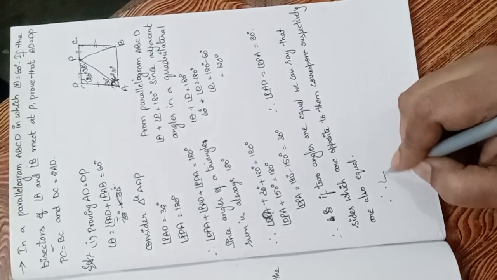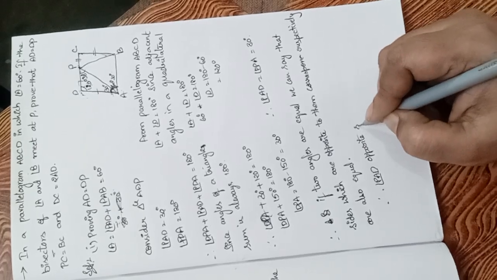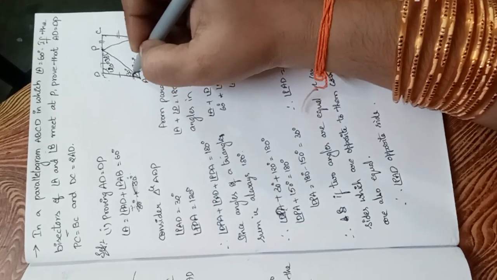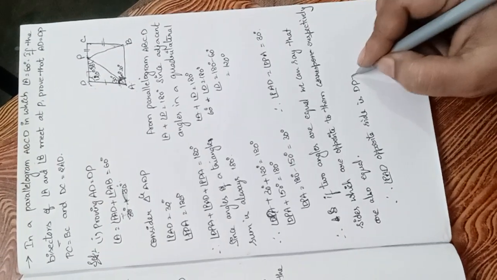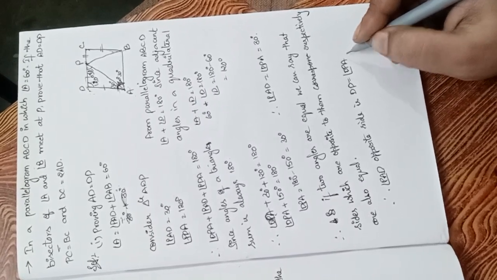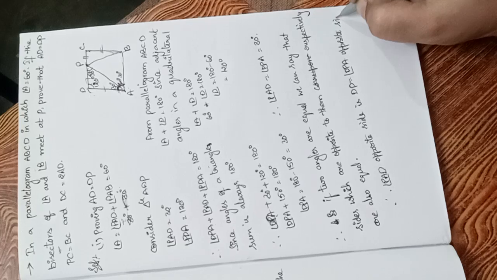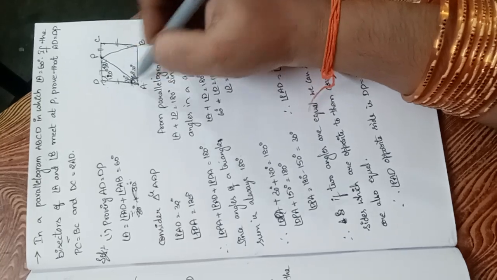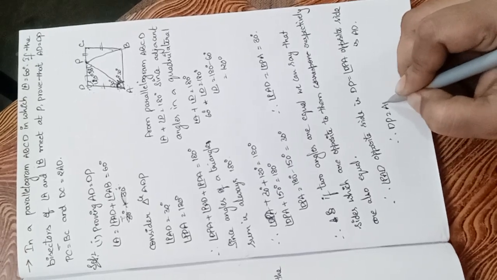Angle PAD, the opposite side is DP. Angle DPA, the opposite side is AD. Okay, therefore DP equals AD.